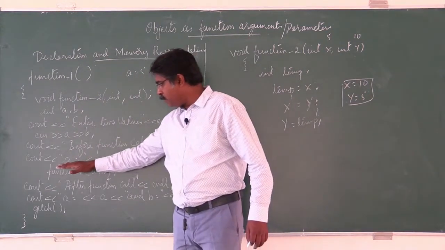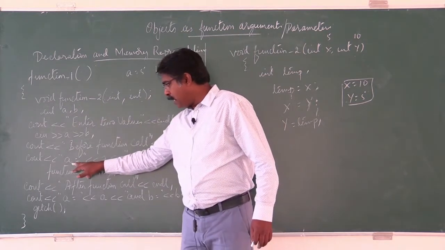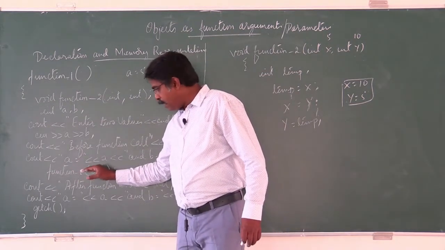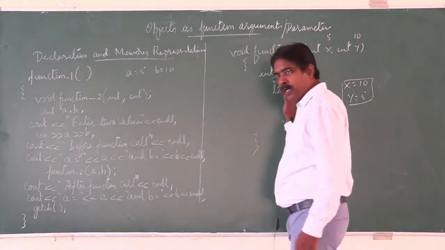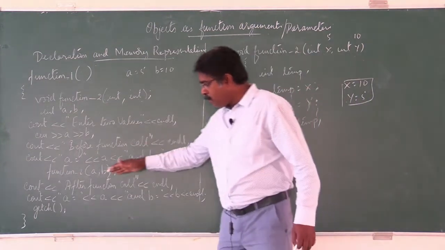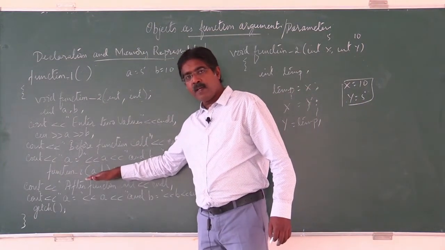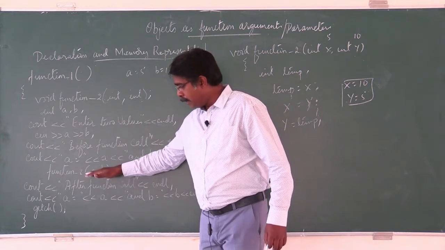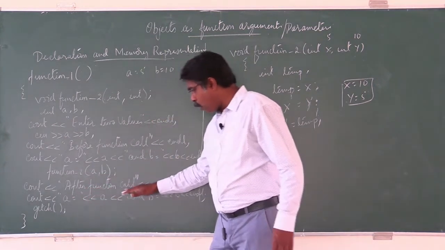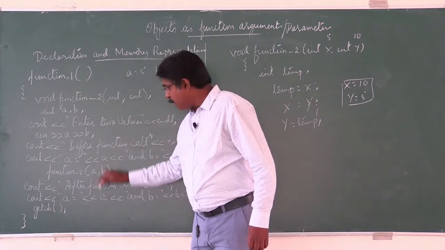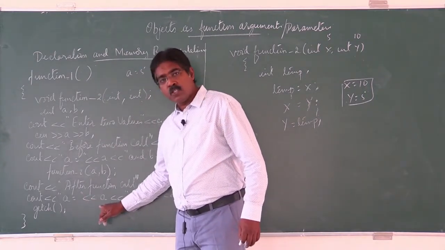And the same thing we printed, A equals 5 and B equals 10 before function call. The control went to the called function and it exchanged. The control is returning to the same point where it left the calling function. Then after function call, the same A's value will be printed because there is no change.